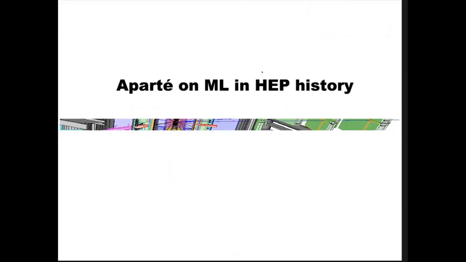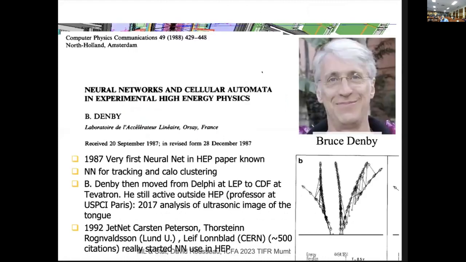Okay, I'll do a kind of aparté on the history of machine learning in HEP. I started to work on machine learning in 2013, and looking at who has done what, I followed the bibliography to find the first papers on using a neural network, and this was the first paper.